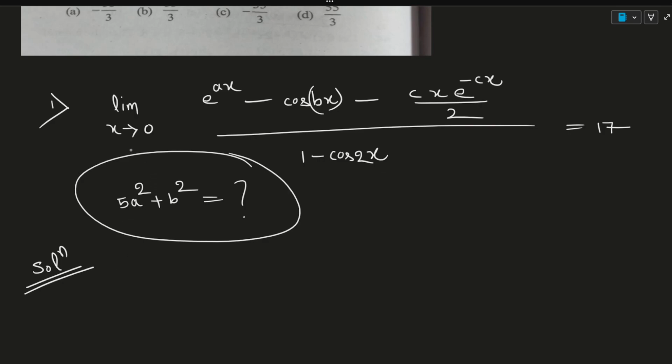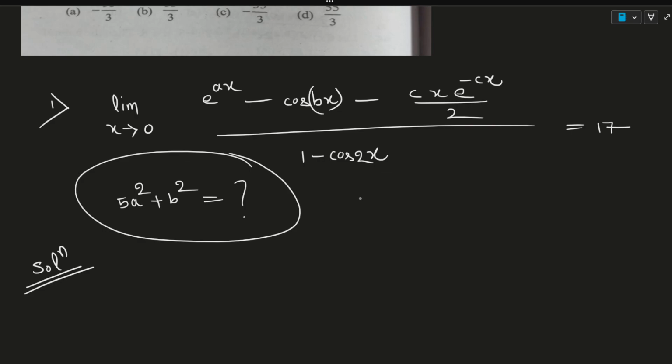Then we can observe that when x tends to 0, the numerator of this function tends to 0, and the denominator also tends to 0 when x tends to 0, as cos 0 is 1, so 1 minus 1 will be 0.